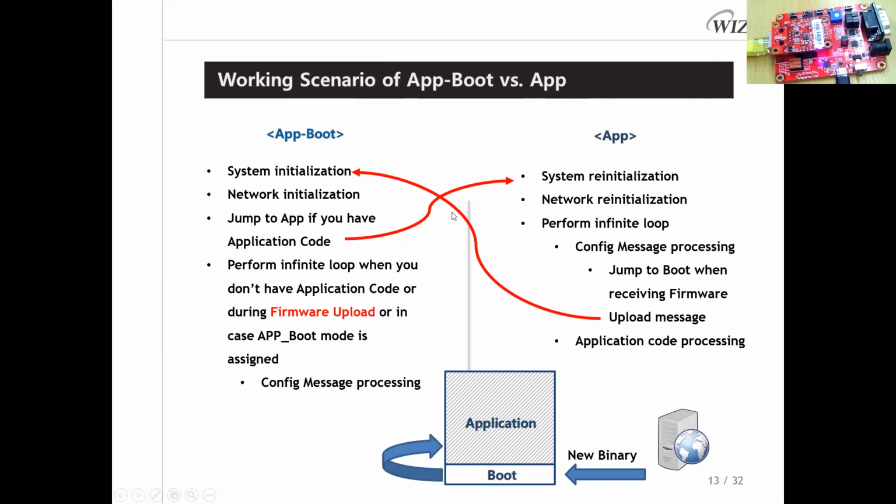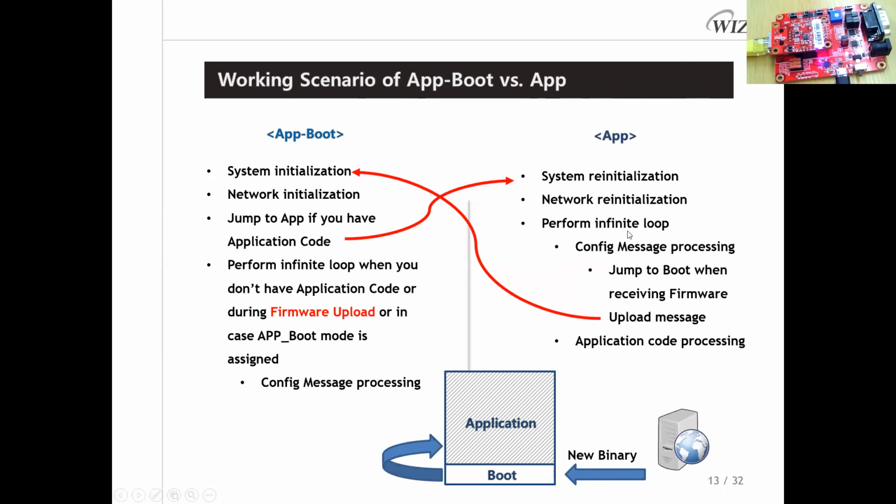Once it jumps to the application area, it again initializes the system and network parts. While running in an infinite loop, it processes the computer message and executes the application code, like exchanging data between the serial and the Ethernet part.